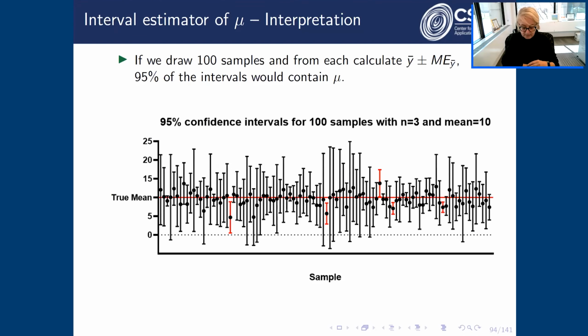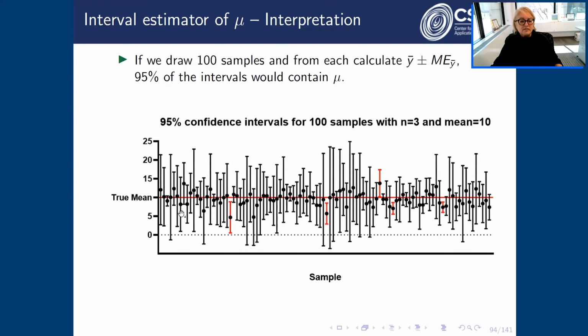And here's the same illustration that I showed you earlier. Here we have a situation where we have 100 samples of size 3, and the true mean, mu, is 10, and that's denoted by this red horizontal line here. This is just simulation.